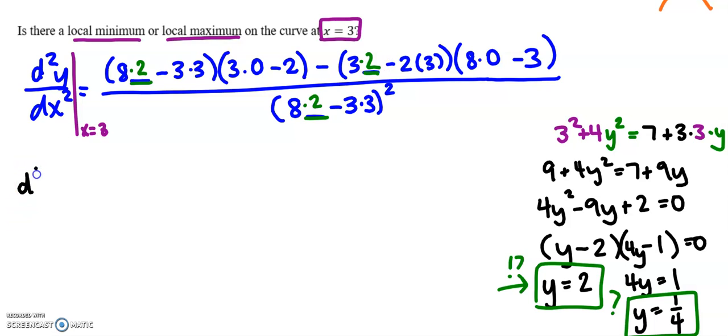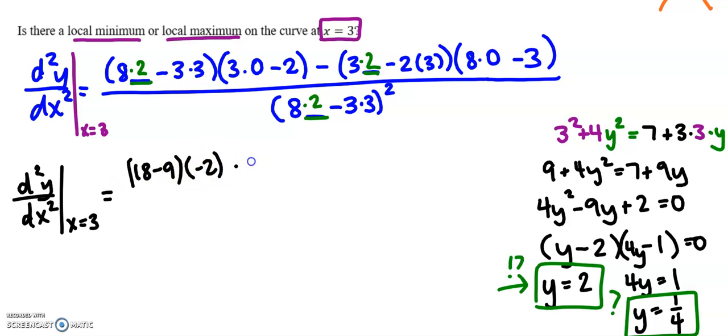So what I am finding is that the second derivative, d squared y over dx squared, ooh, there's thunder outside, is going to equal 18 minus 9 times negative 2 minus 6, minus 6 is 0, times anything is still going to be 0, over 8 times 2 is 16 minus 9 is 7 squared.